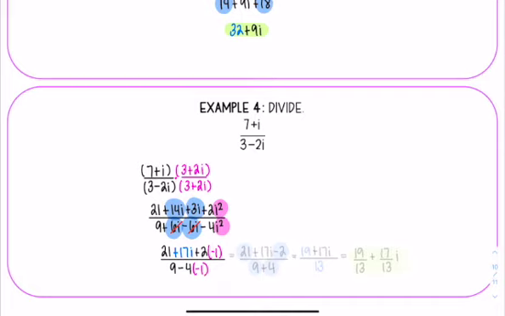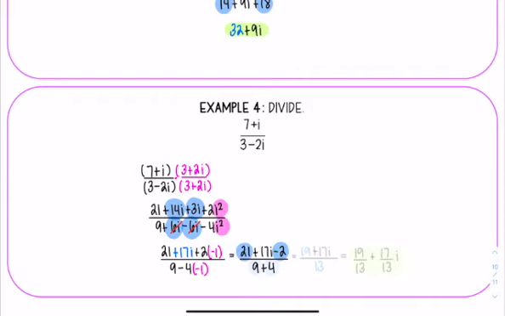And so we can go ahead and simplify a little bit further. We have 21 plus 17i minus 2 over 9 plus 4. And so the last thing we can do is combine like terms again.